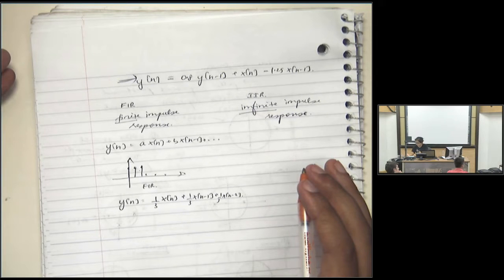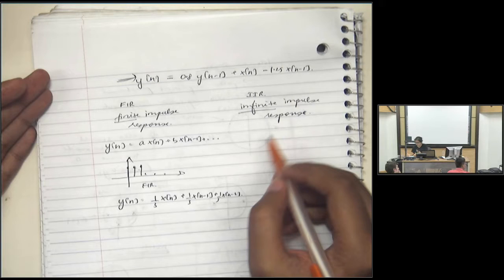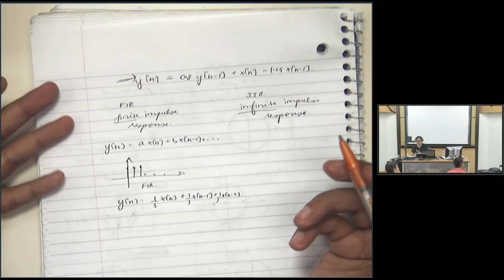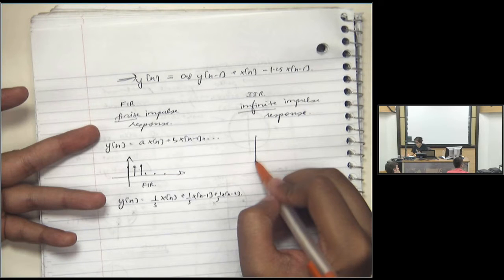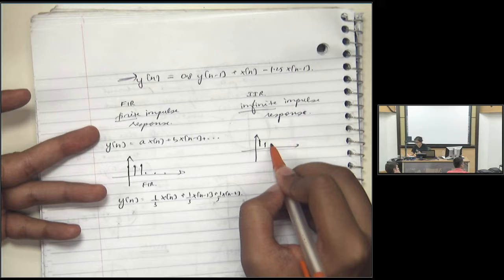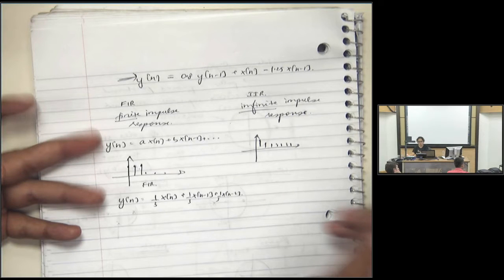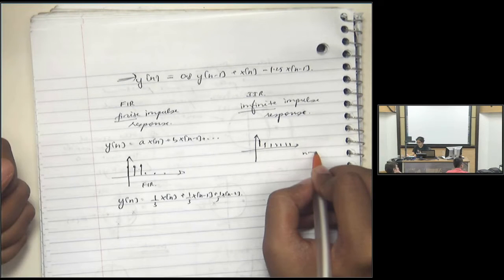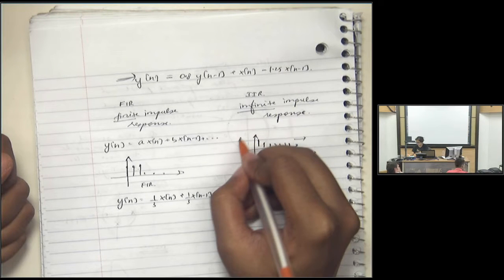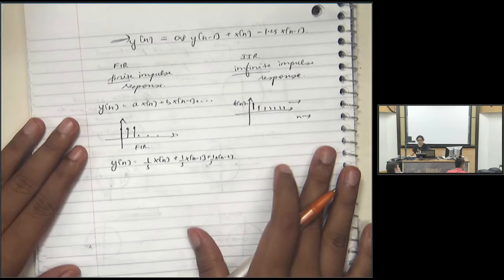Okay. For IIR impulse response, as it's evident, my impulse response will be infinite. So it can be a decaying exponential, for example, going on. So this is the basic difference.